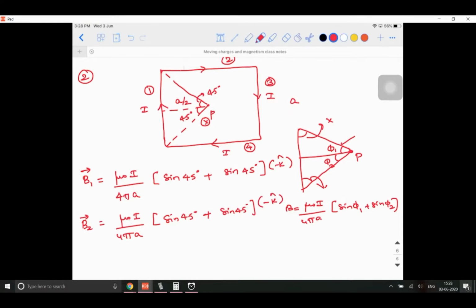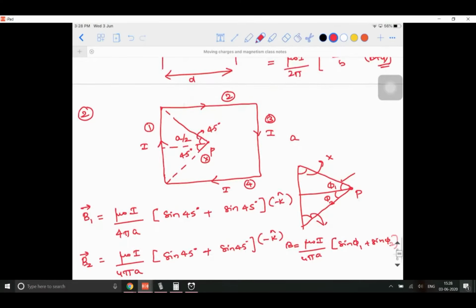I know you will get confused with this. I suggest you remember dl vector cross r vector. This is going to give you the direction of the magnetic field, because vectors will never confuse you. So remember it as dl cross r. For the second conductor, what is the direction of dl? dl means direction of current.